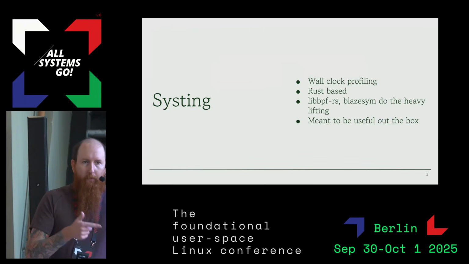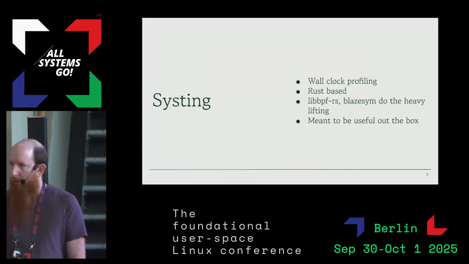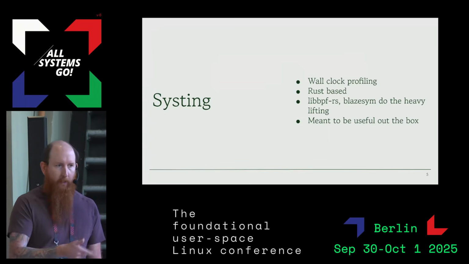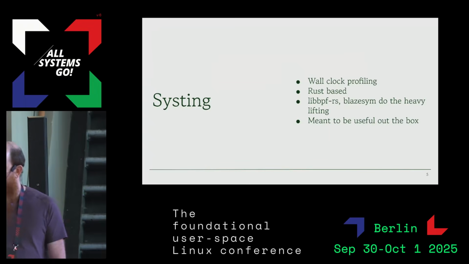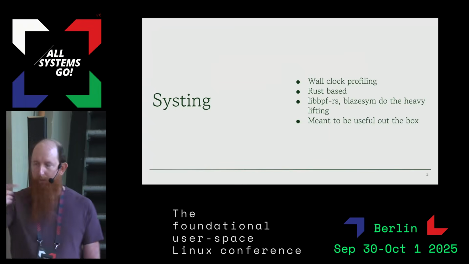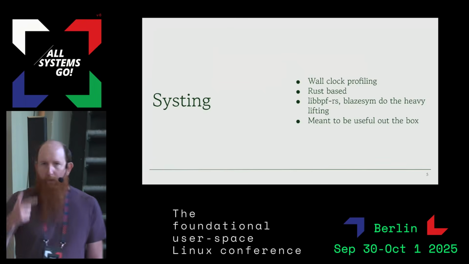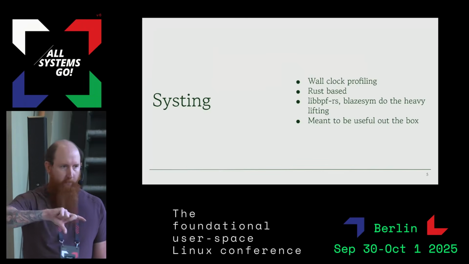So I always rely on wall clock profiling, because I want to know exactly how long operations took. I don't really care how often I ended up in this particular stack trace, because I want to know what part of it was taking forever.